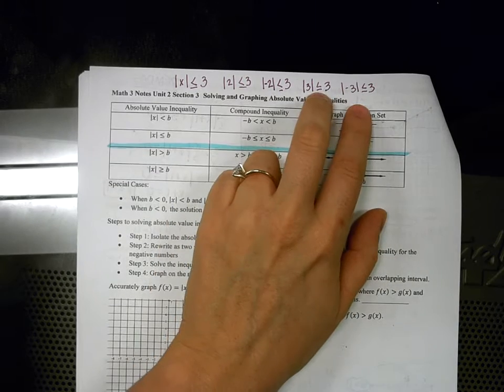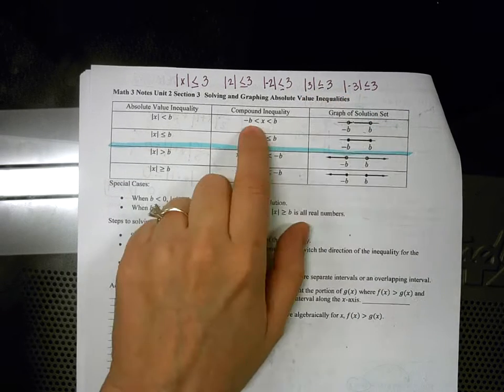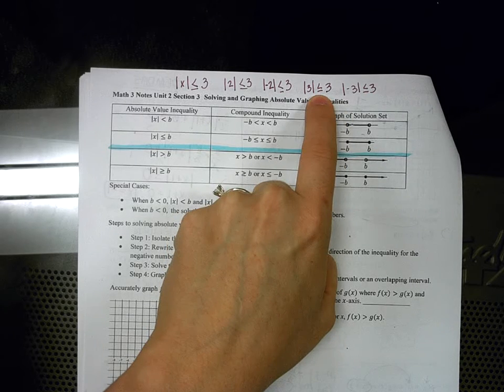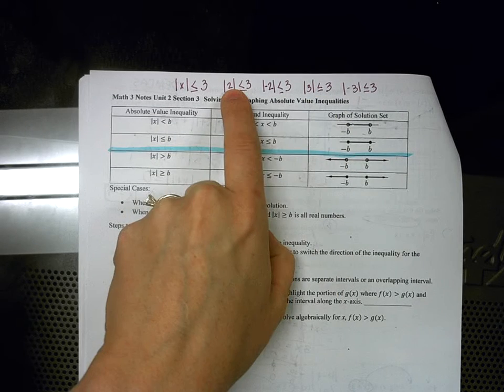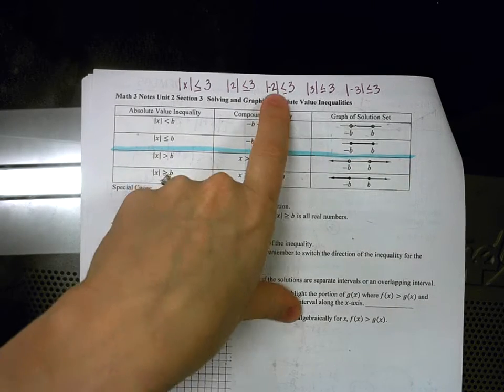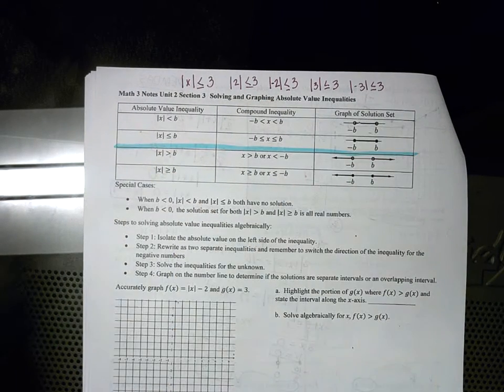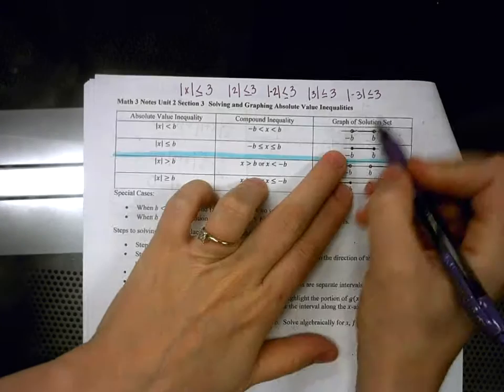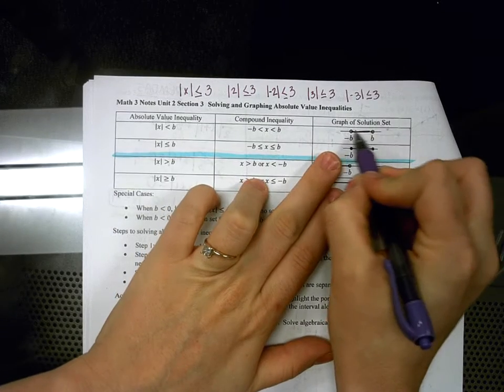So that's where we get our positive and negative b from, because anything in between. So +3 would work, +2, +1, 0, -1, -2, -3, and then any numbers in between those that are decimals. So that's why the solution set is in between these values.